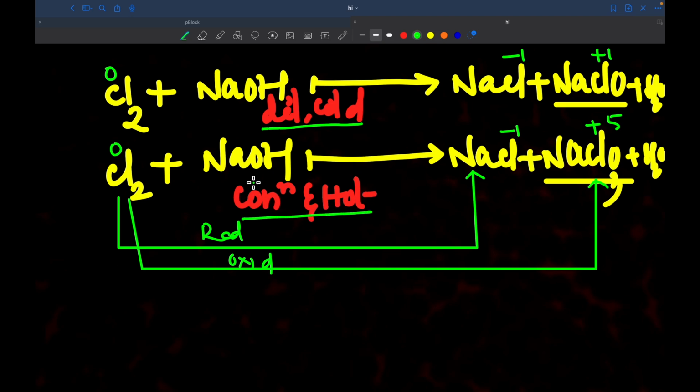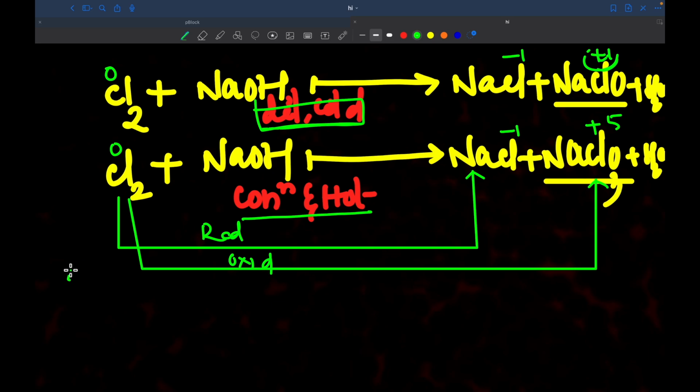When you take concentrated and hot, chlorine is oxidized further, deeper, right? All 5 electrons are lost here. But when you use dilute and cold NaOH, only 1 electron is lost by it. So this is its oxidation reaction.